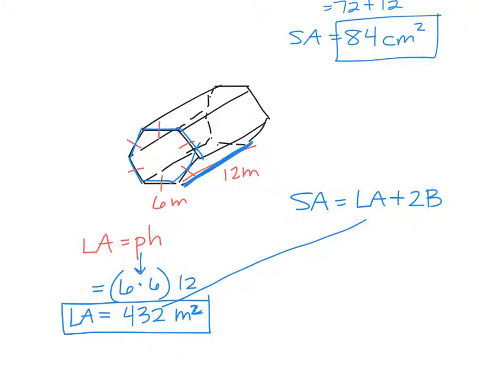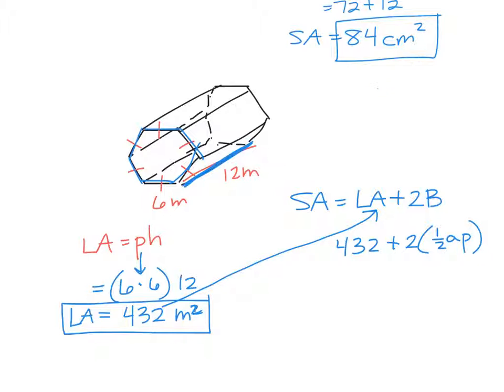So if I'm going to start with lateral area, that's going to go here. Okay, so 432 plus 2 times B. What is B? Area of the base, which is a regular polygon. So really what you're going to plug in here is 1/2 AP, right? Area of a regular polygon.